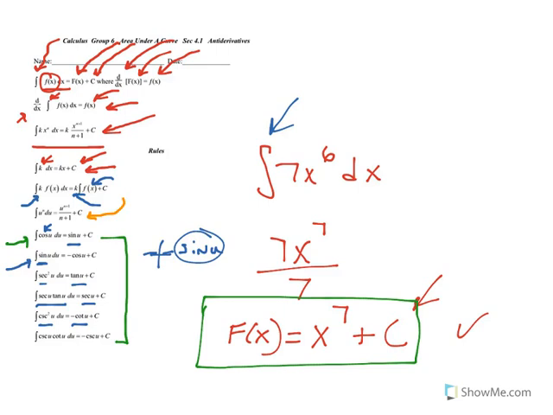So you need 2 negatives to make that positive. And the antiderivative of cosecant cotangent is negative cosecant, because the derivative of cosecant is negative cosecant cotangent, and then you need that additional negative to make it positive like the original statement.